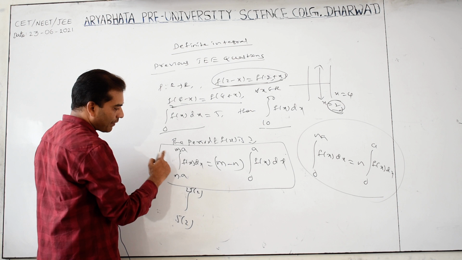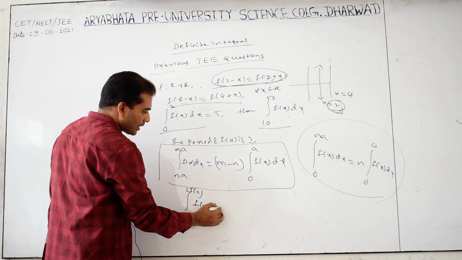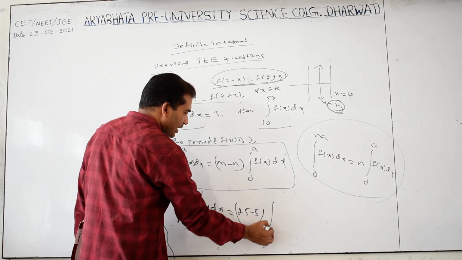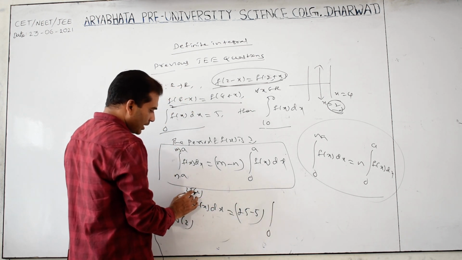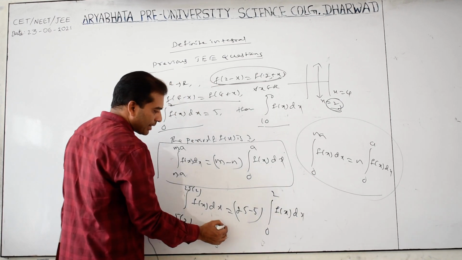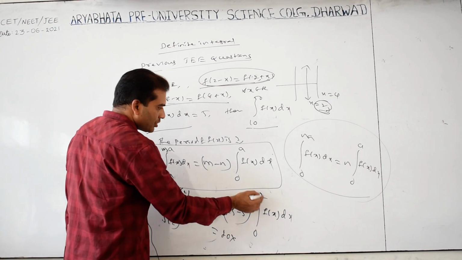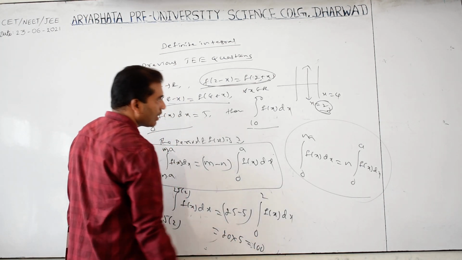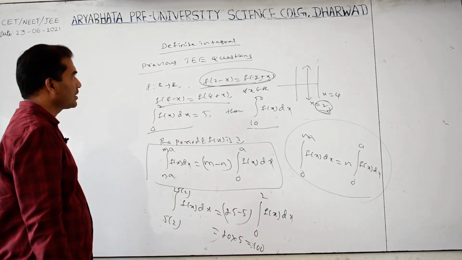Then m minus n is 25 minus 5, into integration of 0 to 2 f of x dx. 25 minus 5 is 20, and the integral from 0 to 2 of f of x dx is given as 5. So 20 into 5 is 100. The answer is 100.